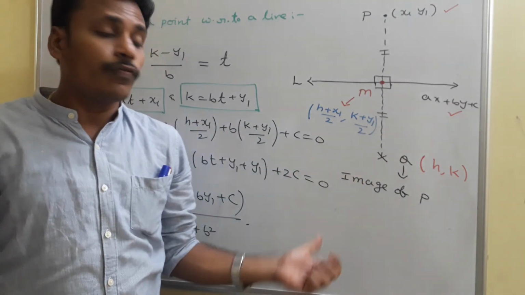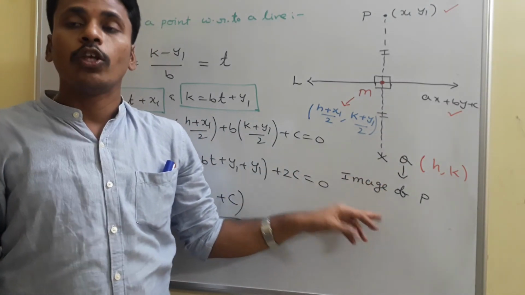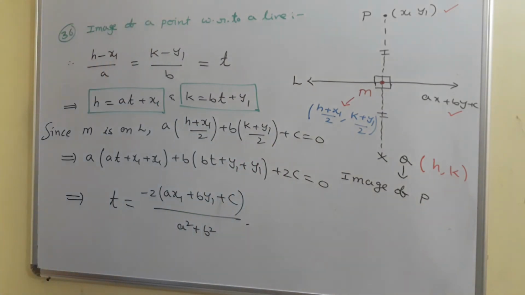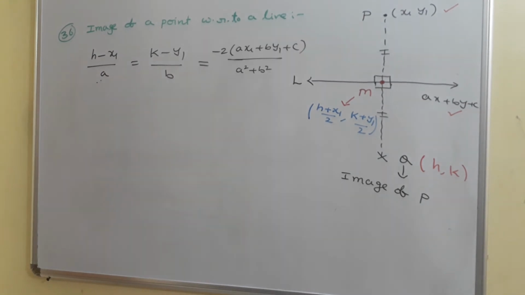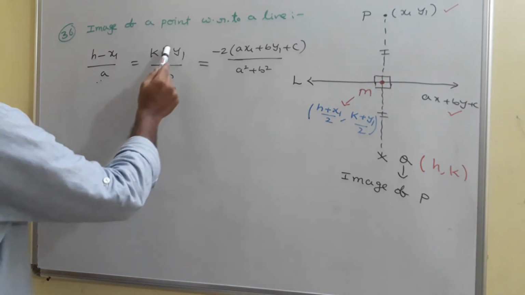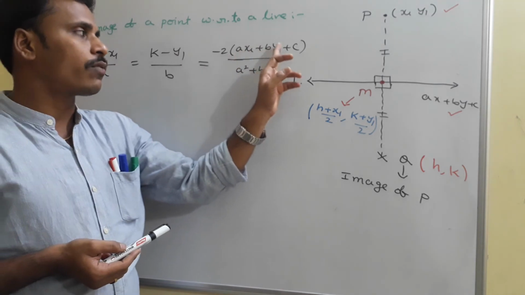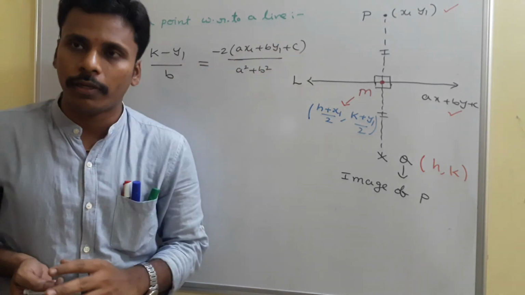Here in this case, we found the image using the same procedure. For doubts, with the complete procedure, at the end we arrive at this relation that (h minus x1)/a is equal to (k minus y1)/b is equal to minus 2 times (ax1 plus by1 plus c) by (a squared plus b squared).